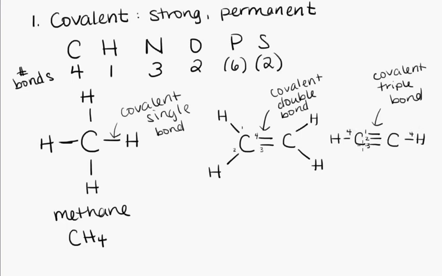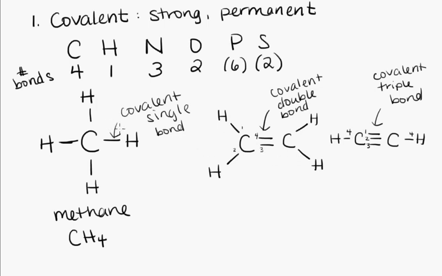So each of these carbons is in its best energy state because it's got 4 bonds, and that's what makes carbon happy. So these are covalent bonds that you'll see: single, double, triple. And you can have mixtures of single and triple, single and double, and we'll see double bonds a lot. So don't let that fool you.